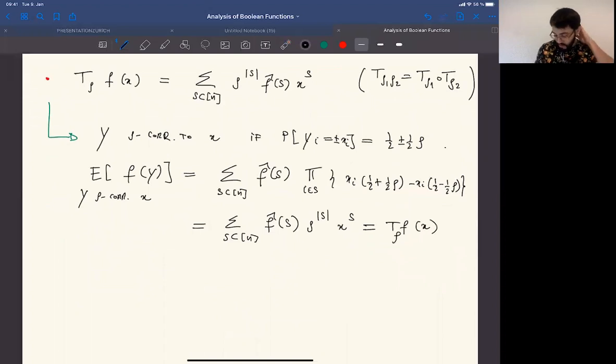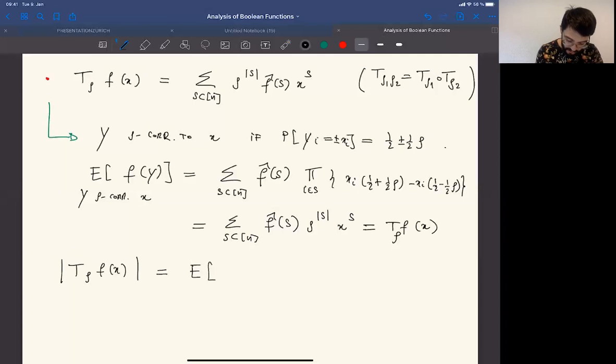So in particular, what you deduce is the following: that T_rho f of x in modulus, what is this?